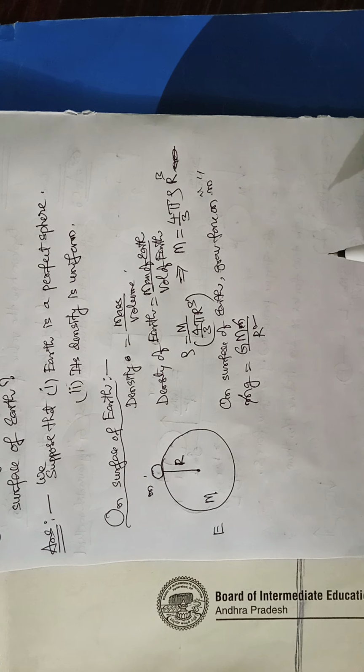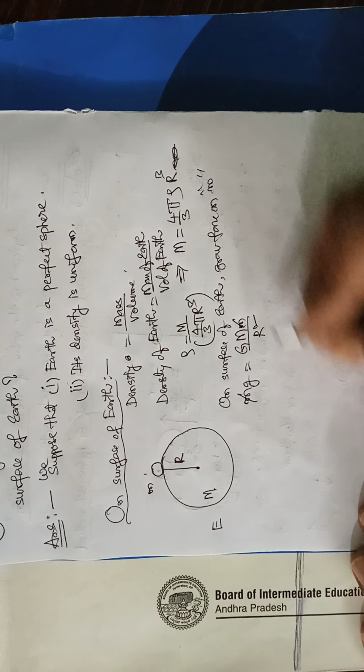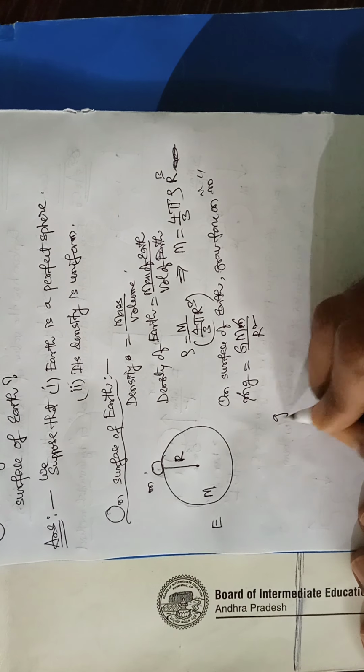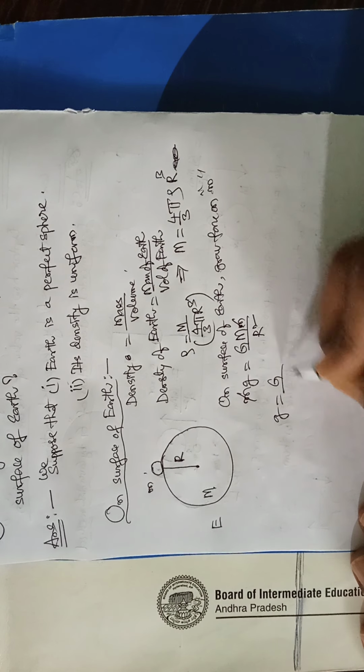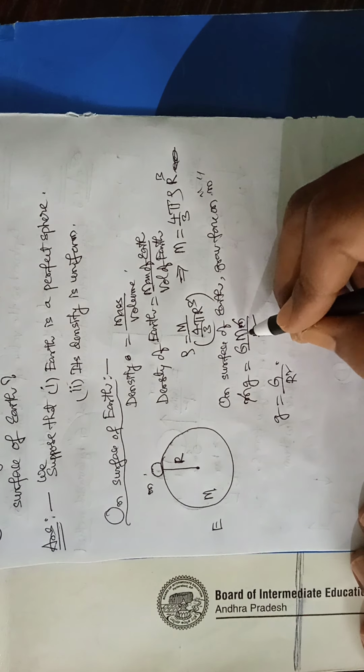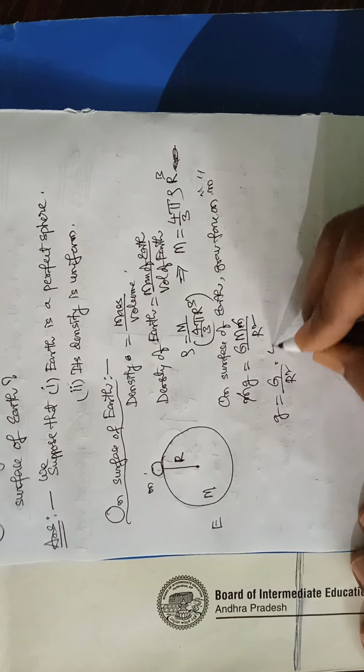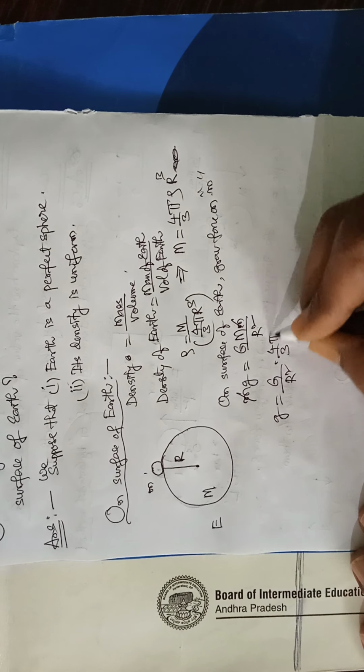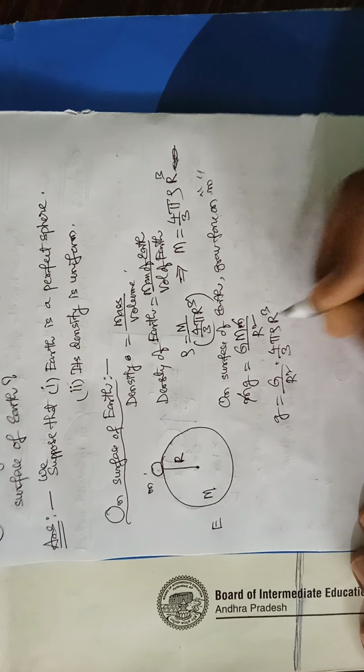Now g is equal to capital G M by R square. Here the capital M value is 4 by 3 pi rho r cube.